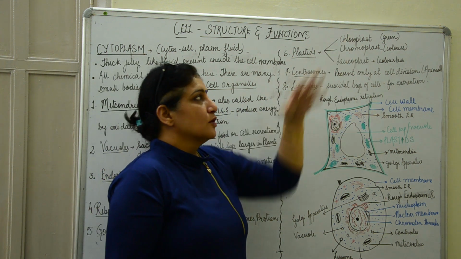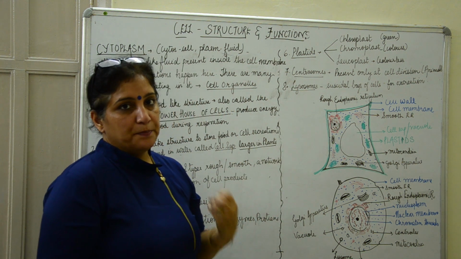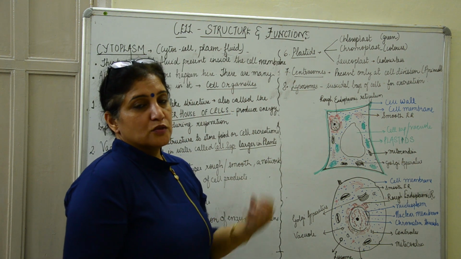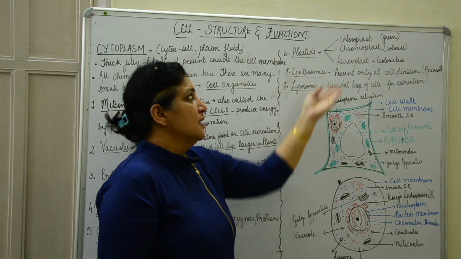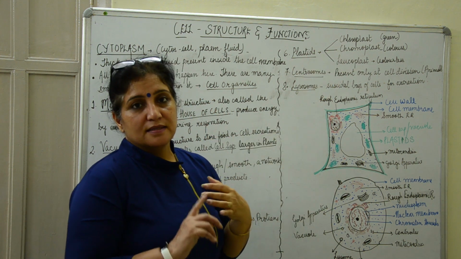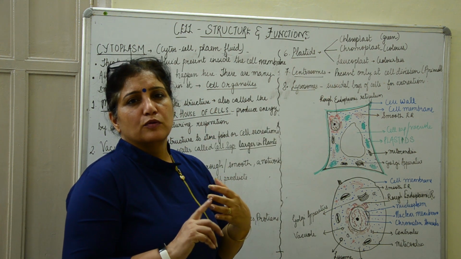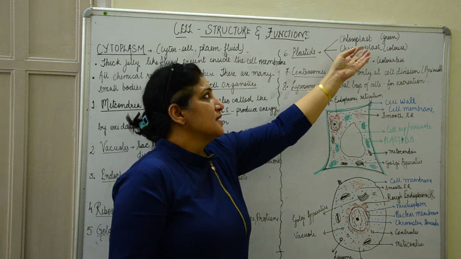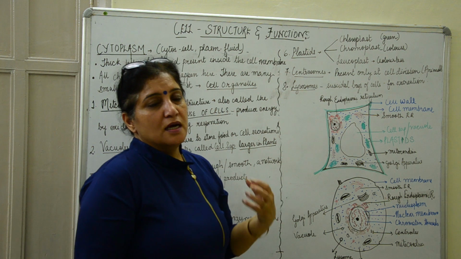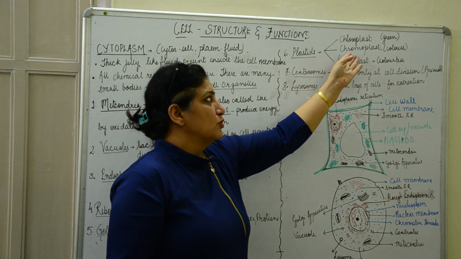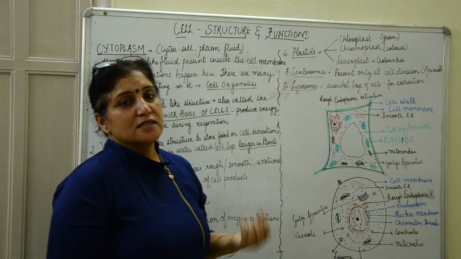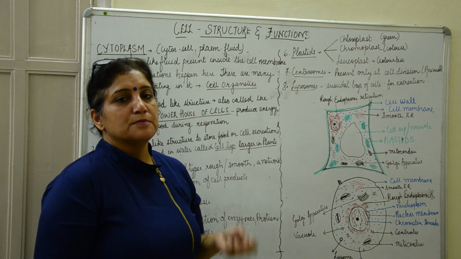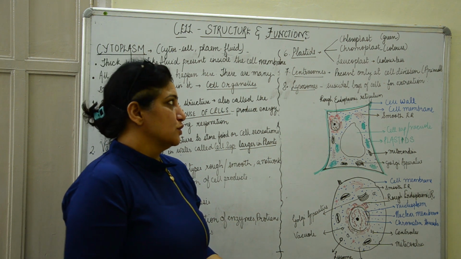The first one is chloroplast, which contains the green pigment chlorophyll, so it gives the green color to the plant cell. Then the various colors present in plants, the red, blue, pink, yellow, all these pigments are found in chromoplasts. Then we have leucoplasts, which are basically colorless plastids, but they are there for the storage of food.